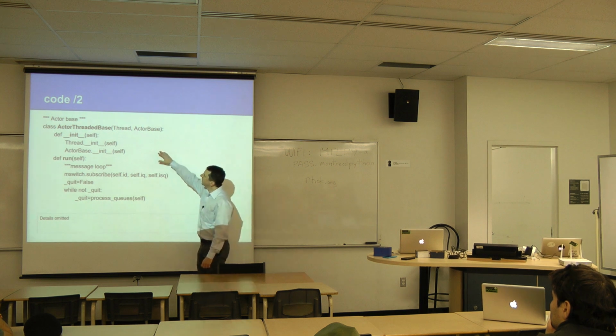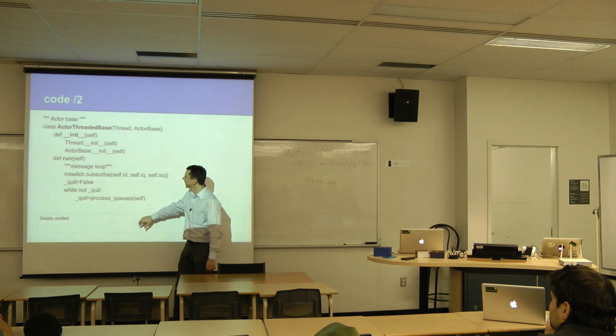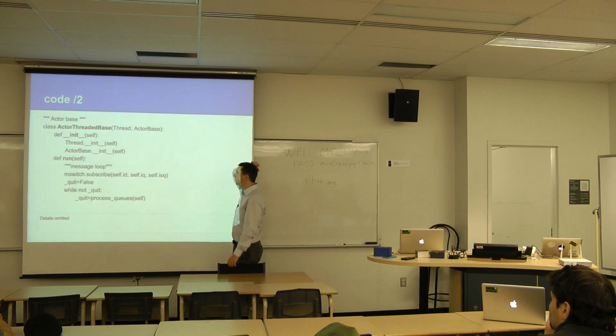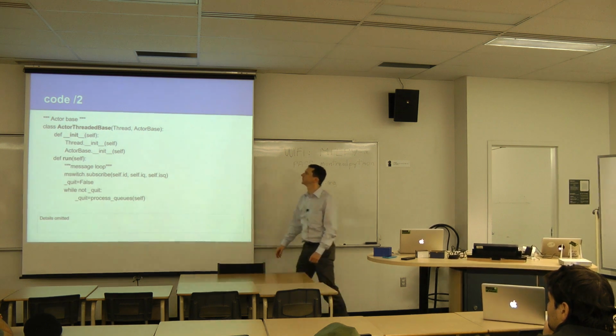So you would have the base of an actor. You would have a message loop which processes the queues. Yeah, I use the Python queues, from the queue module. These are really interesting because they're thread safe, and it enables me to implement the message switching quite easily this way.